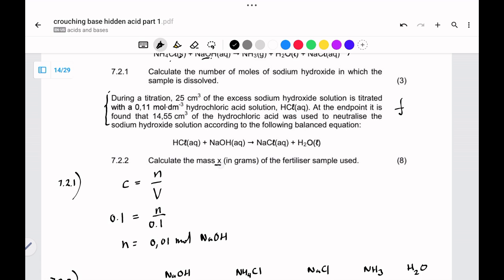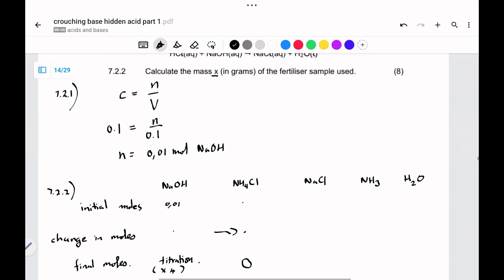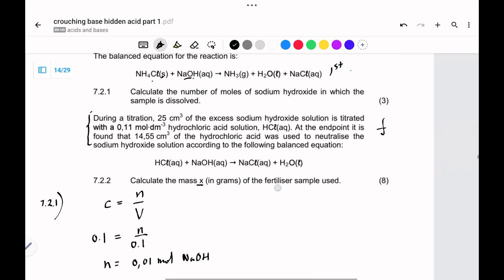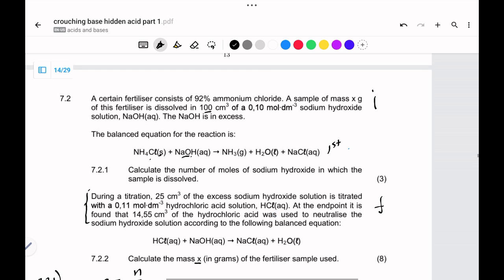They're asking us about the mass of the fertilizer sample. Clearly, if we have the moles of the ammonium chloride, then we can get the mass of the ammonium chloride. But there's two things here we need to be clear about.